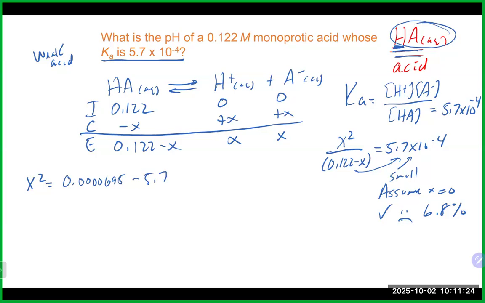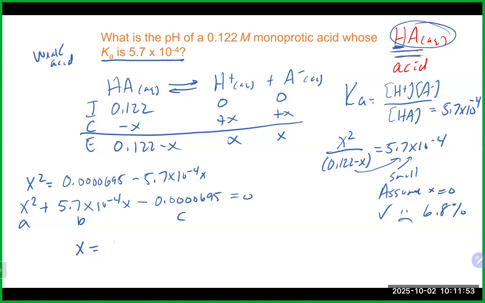Minus 5.7 times 10 to the minus 4 x. We combine everything to one side, and that gives us x squared plus 5.7 times 10 to the minus 4 x minus 0.0000695, equals 0. So that's obviously our ABC.